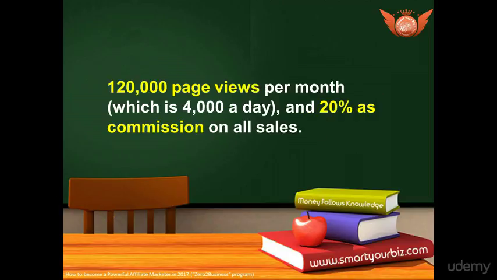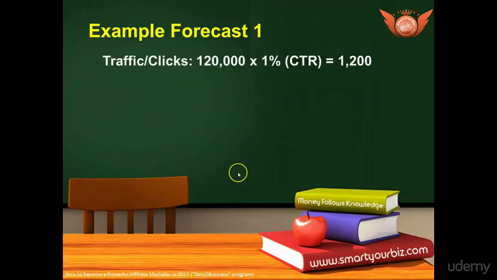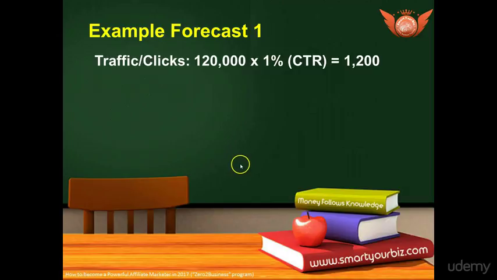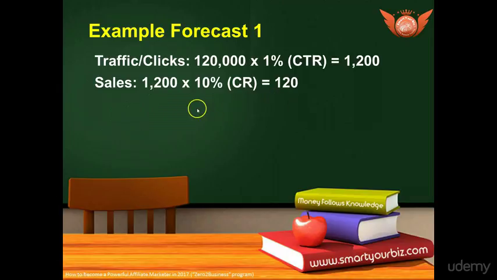Okay, now let's try to forecast your earnings. Let's say you have 120,000 page views per month, which is 4,000 page views a day, and 20% as commission on all sales. This 120,000 page views per month multiplied by a 1% click-through rate would result in 1,200 visitors a month. These 1,200 clicks or visitors multiplied by a 10% conversion rate will result in 120 sales a month.